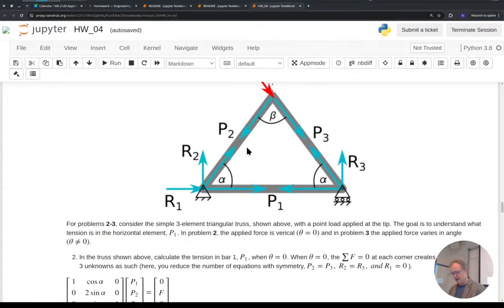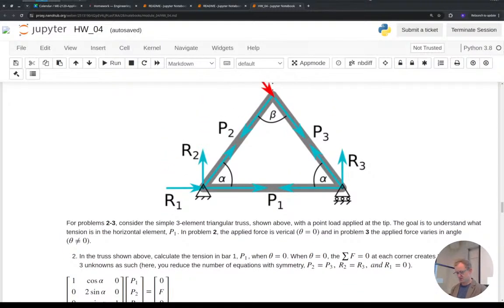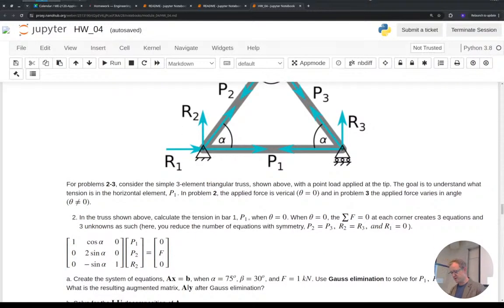Do you want to look at the symmetric one where we just have one reaction force? When everything's symmetric, R2 and R3 are equal, and P2 and P3 are equal, so we only have to solve for P1, P2, and R2, or R1, but either way.